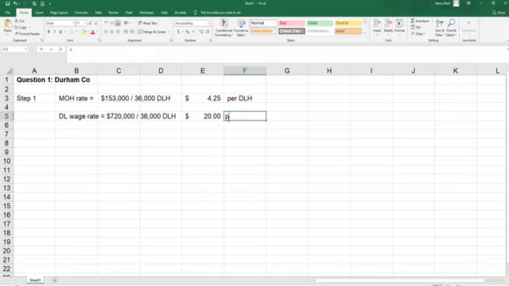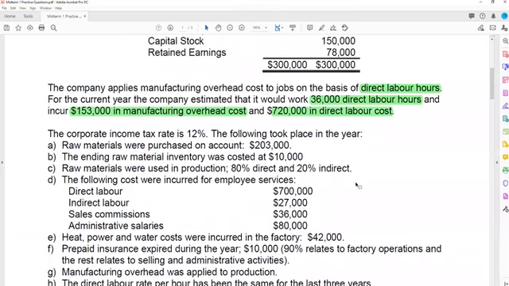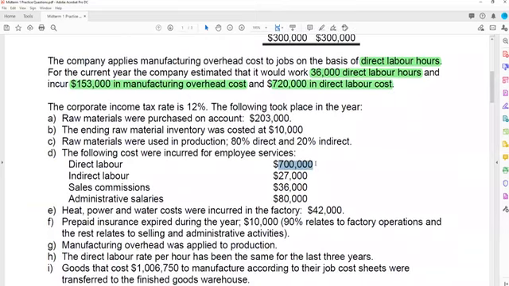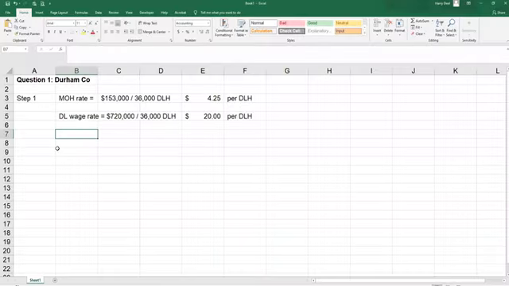We're going to use this direct labor wage rate and the fact that the actual direct labor costs for the year was 700,000 to determine the actual direct labor hours for the entire year.